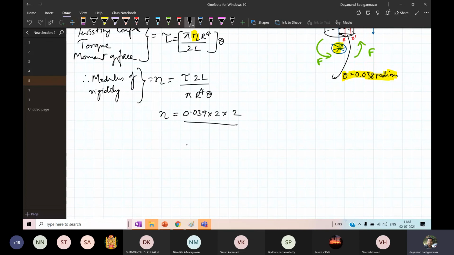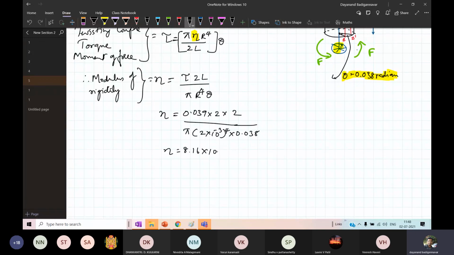Whole divided by pi, r raised to 4. What is r? Radius. It is 2 into 10 to the power of minus 3 meters, because it is 2 mm, into theta. Theta is 0.038 radians.